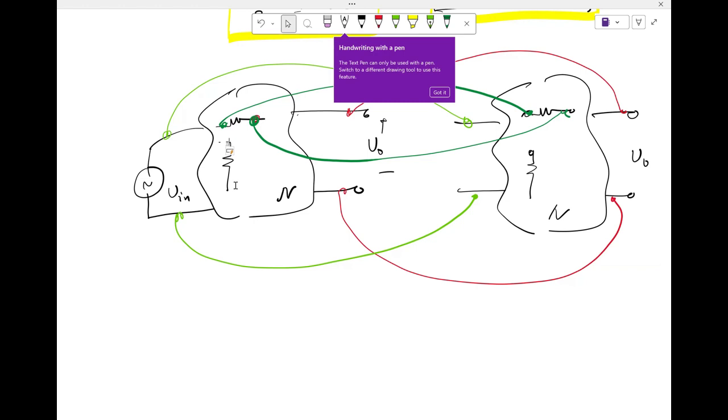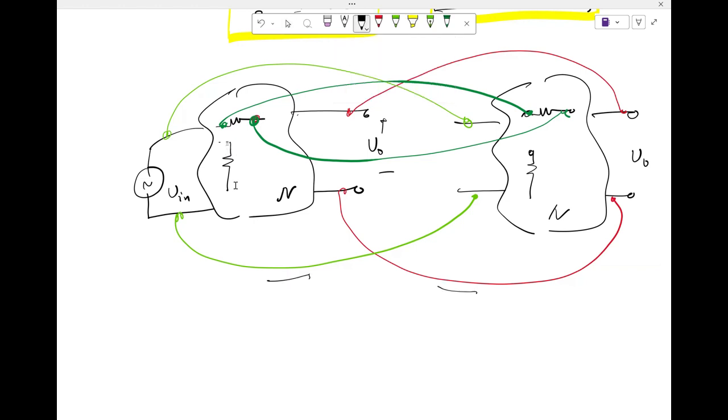Can you comment on the current that will flow through the connecting wires between these two networks? It will be 0, right? Because two circuits which are connected node to node are behaving identically as far as the signal transfer function is concerned. If there are two nodes which have the same potential, there cannot be any current through the connecting wire.